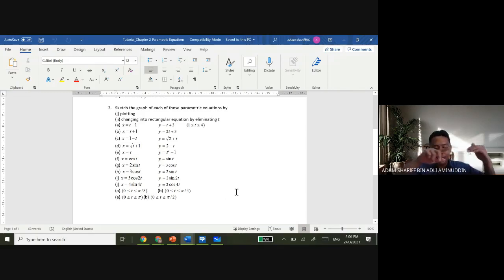Jadi nanti kamu lukis curve tu, ada yang curve complete, ada yang curve tak complete sampai pi over 8, pi over 4, pi and pi over 2. Because 2 pi is a complete 360 degrees or 2 pi radian. Kalau disuruh sampai pi tu maksudnya sampai 180. Soalan yang sama, saya ulang, tetapi curve yang habis dengan curve yang tak habis.